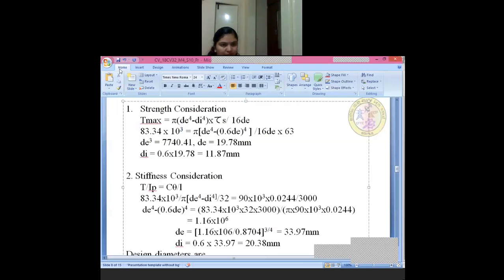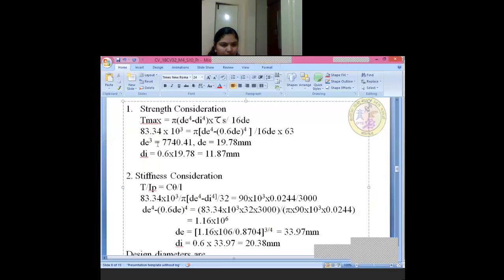I just substituted it here, simplified it, and got the external diameter de as 19.789.